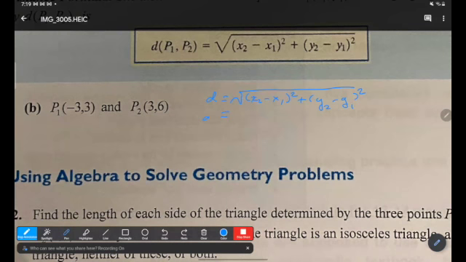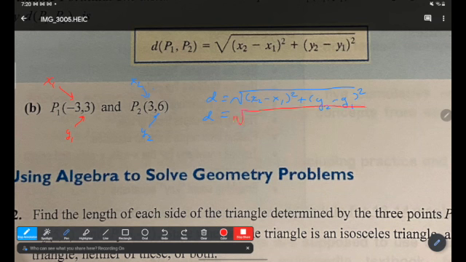So in this case, we can say this is x2, y2, and let me change the color. Let's say this is x1, y1. So we're just plugging in, plug and check.